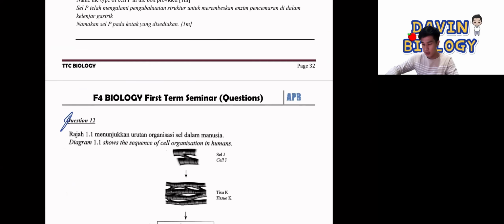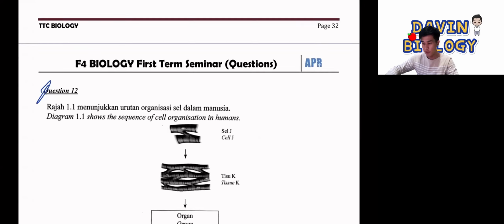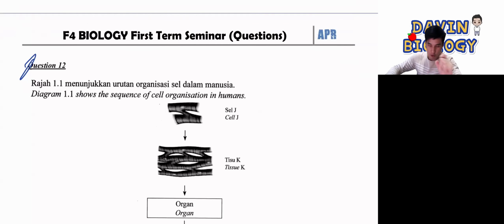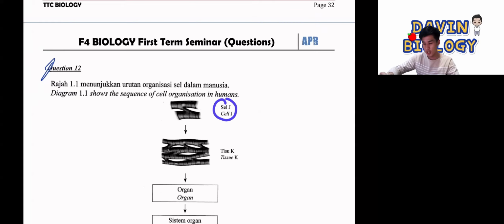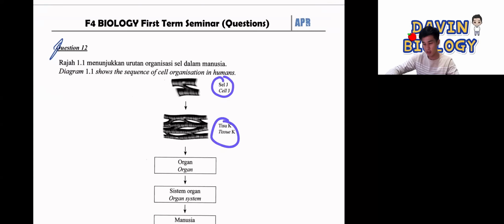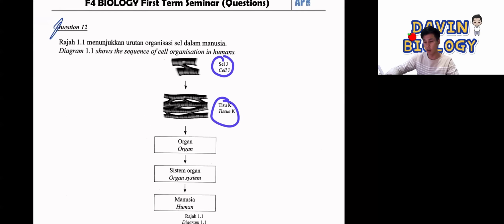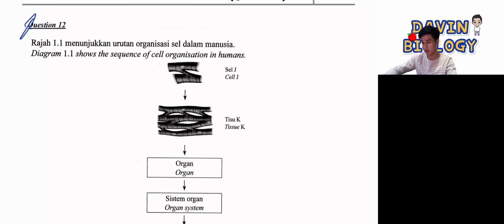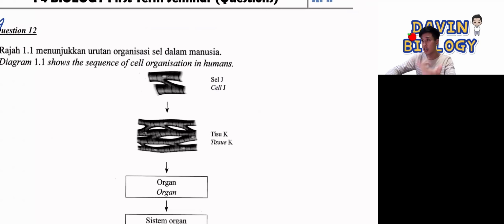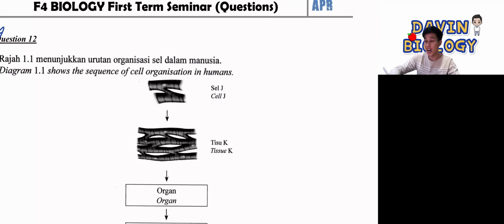Okay, then page 12. We just go through a little bit this diagram here. Can you guys recognize what is this cell J and tissue K or not? So of course, tissue is made of similar cell, so these two is the same thing. So what's this showing you here? Yes, all is correct. Yes, Jaden, very good. This is your cardiac muscle, yes.